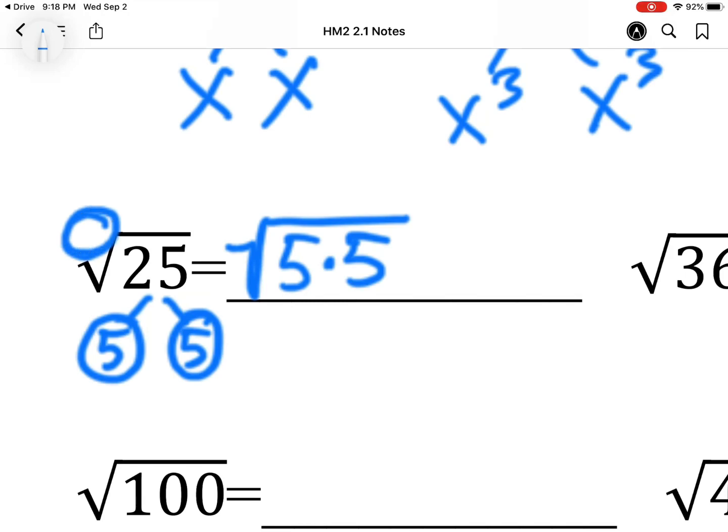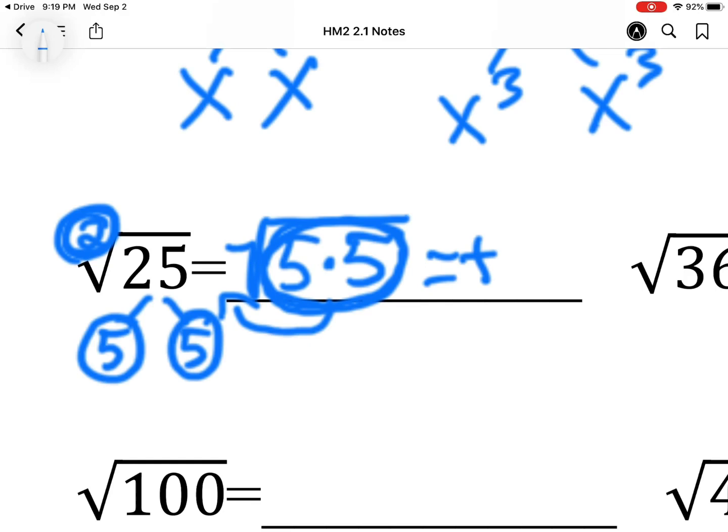If there is no index indicated, then the understood number is 2. So that means we're going to group the numbers. 2 numbers that are the same can get grouped and moved out of the radical. That means we have plus or minus 5.